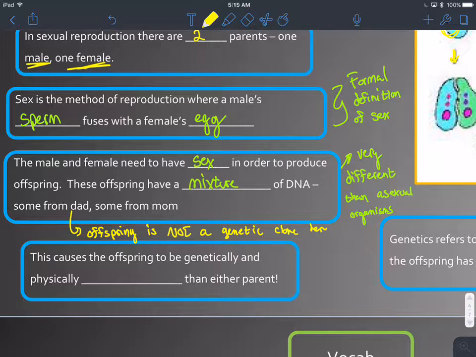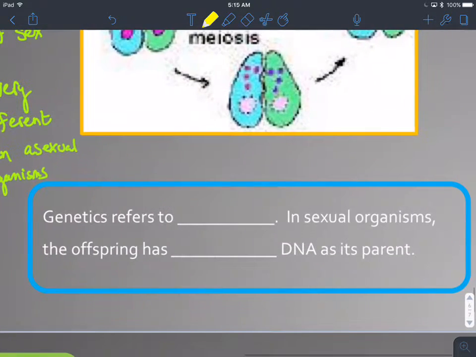And this causes the offspring to be genetically and physically different than either parent. And once again, genetic refers to DNA. In sexual organisms, the offspring has different DNA than its parent.